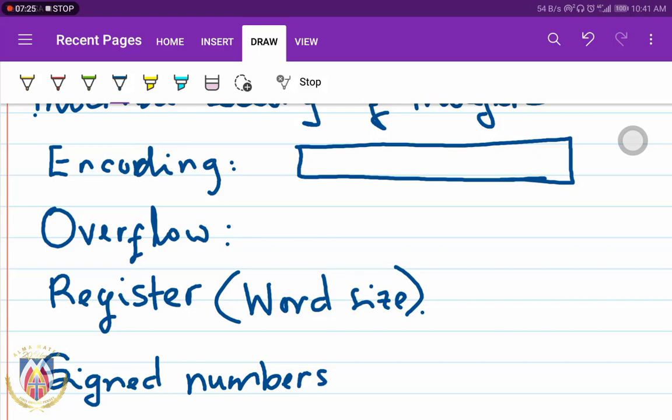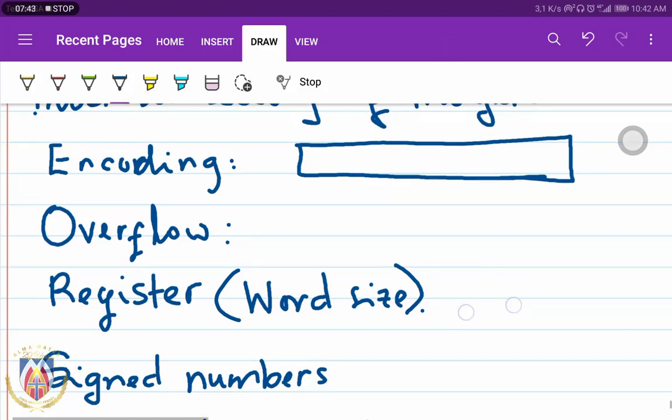If it is 64-bit, then the word size will be 64 bits. Trying to add a 65th bit in that register would cause an overflow. In most cases, the overflowing digit is just discarded, but like I said, we are going to look at that a little later. All right.